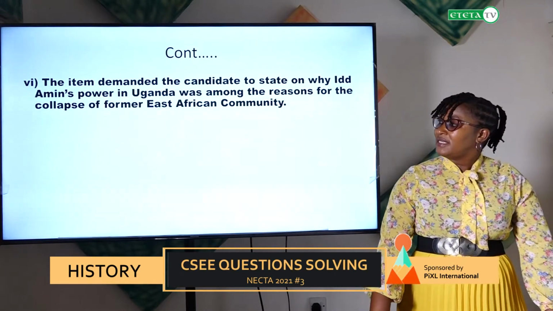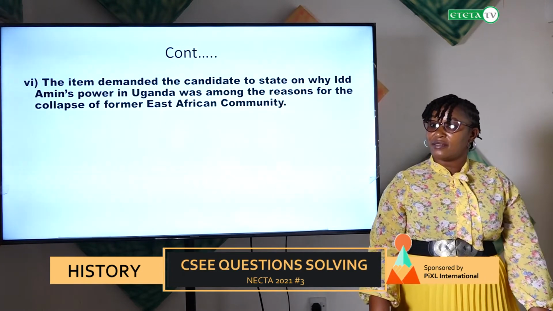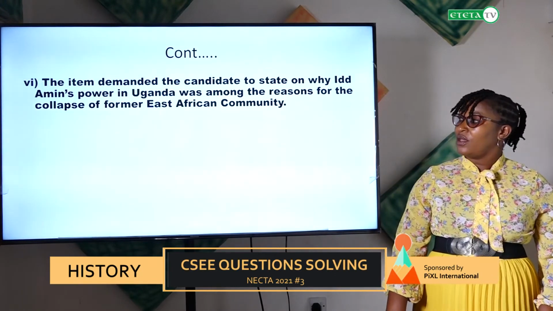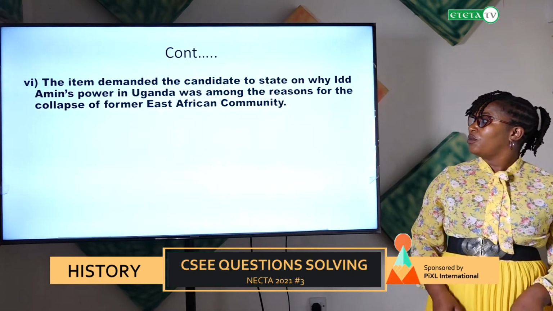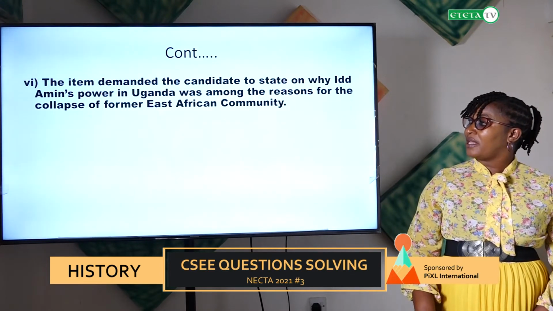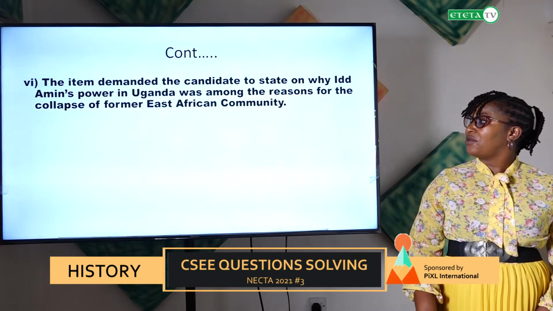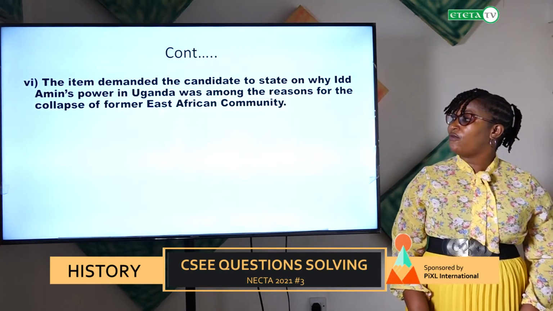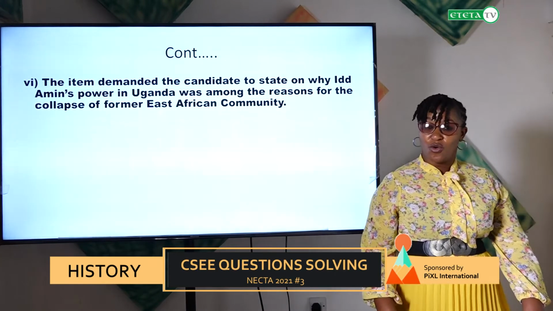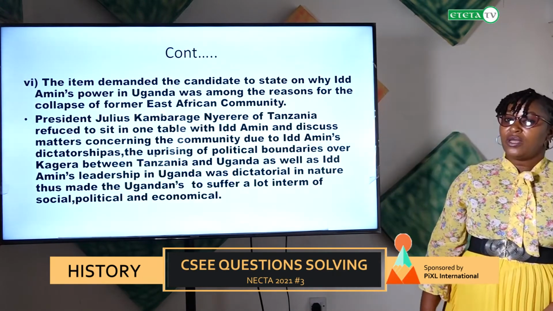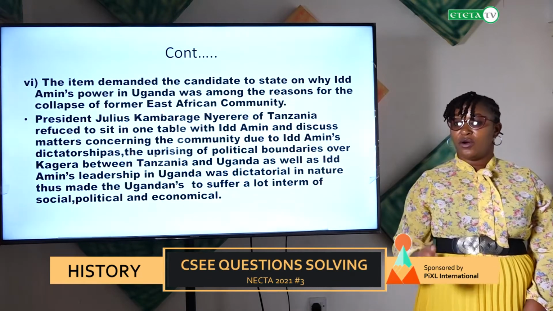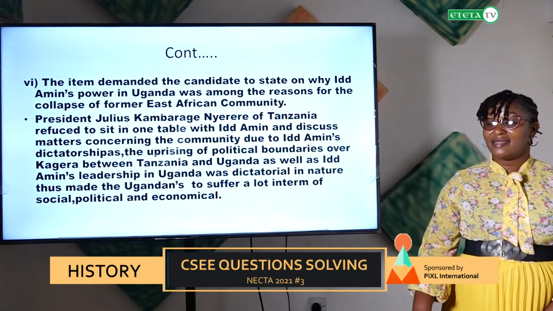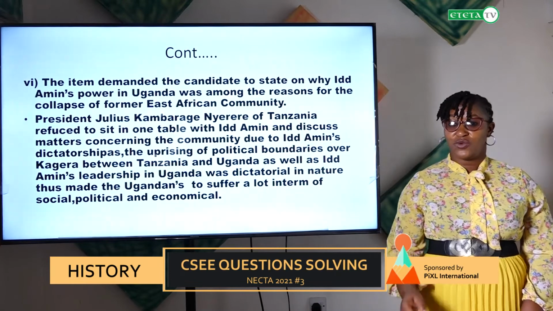And the last item under this question, item number 6, demanded the candidate to state why Idi Amin's power in Uganda was among the reasons for the collapse of the former East African Community. As we all know, the former East African Community comprised three countries, namely Tanzania, Kenya, and Uganda.